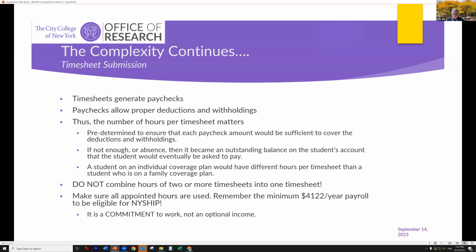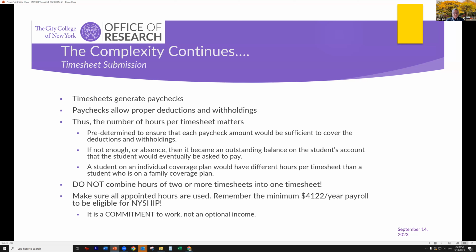When a student fails to submit a timesheet with the intended number of hours, what happens is that the timesheet generates a payroll. The payroll, therefore, will have the funds to allow the proper premium deduction, health premium deductions, and other withholdings. If the student did not submit the timesheet, there is no payroll for the pay period, right? There's no paycheck being issued.